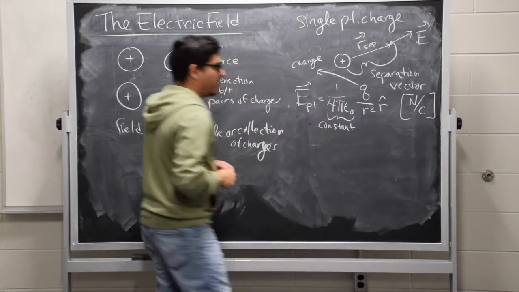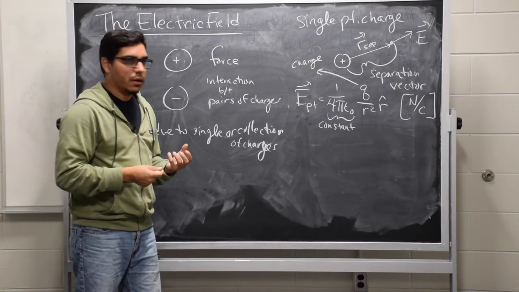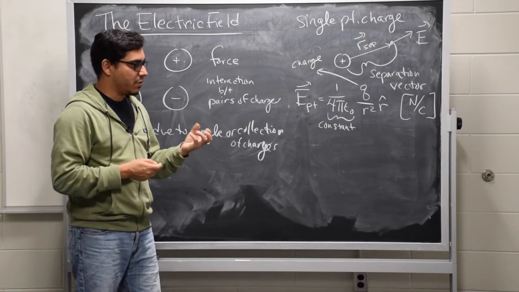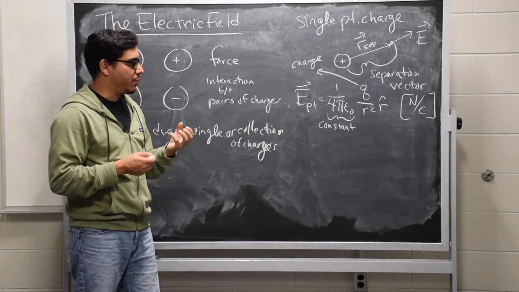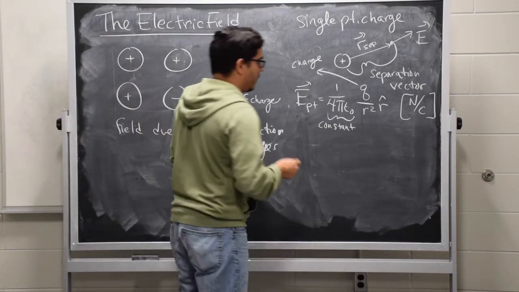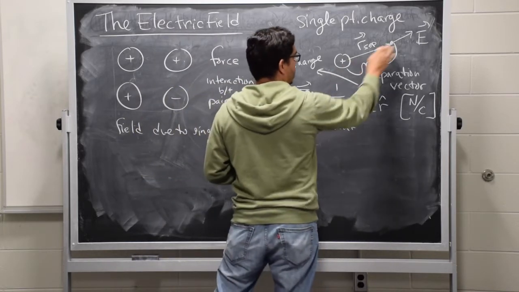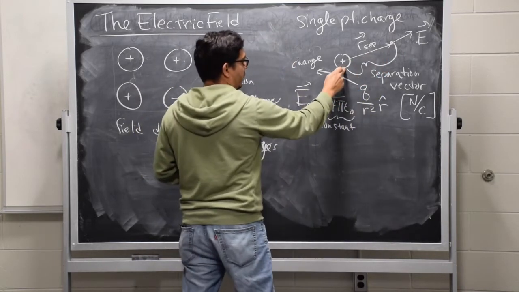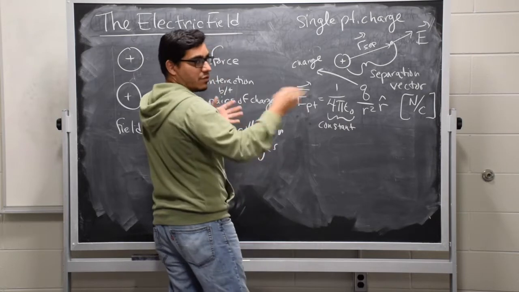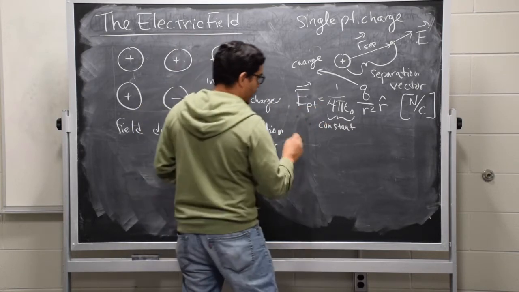Now these guys, r squared and r hat, are related to this separation vector. And so let's spend a little time talking about those because they're a little bit more complicated than the other pieces of this formula. So if we were going to describe the separation vector as some location that we're interested in relative to the charge itself, this is just a vector in the same sense that you've seen in mechanics.